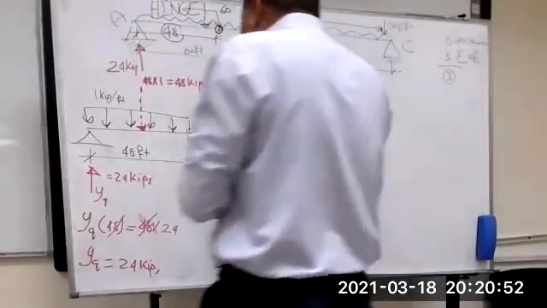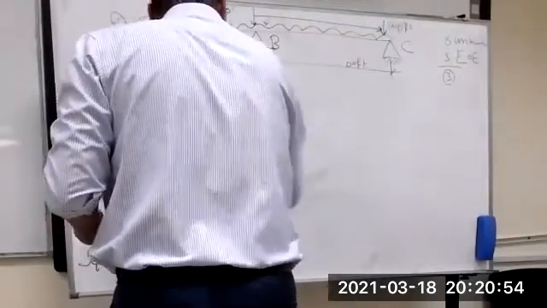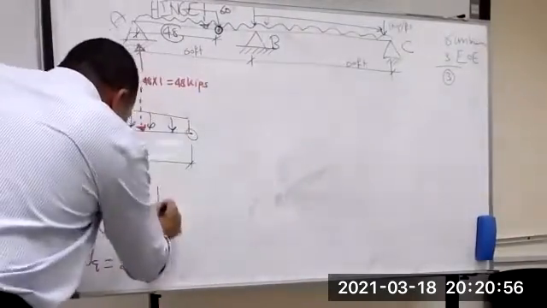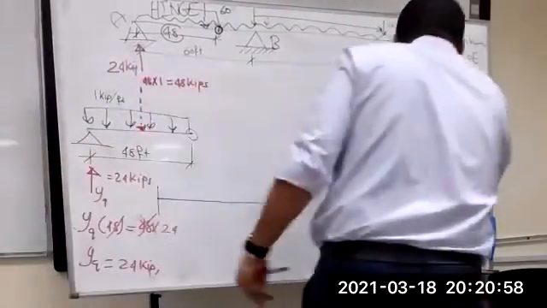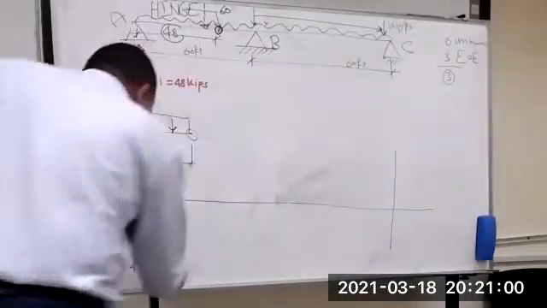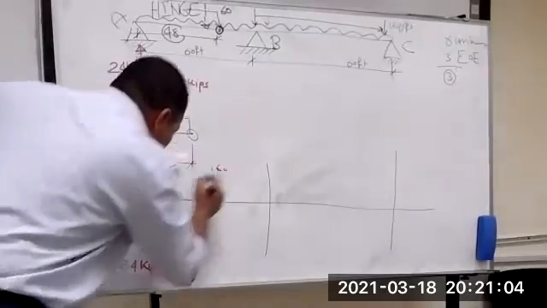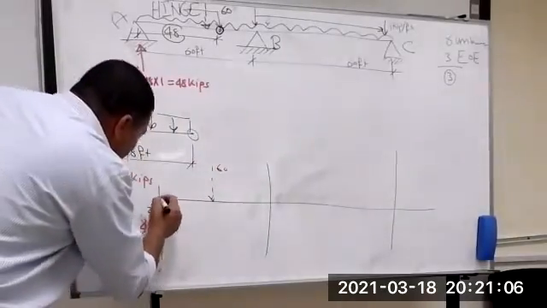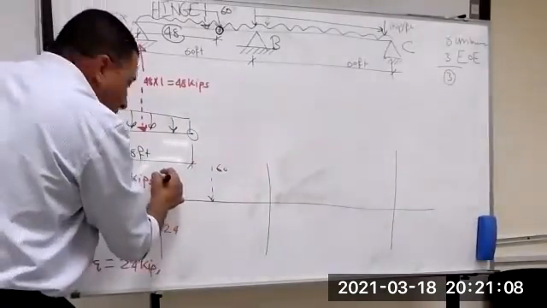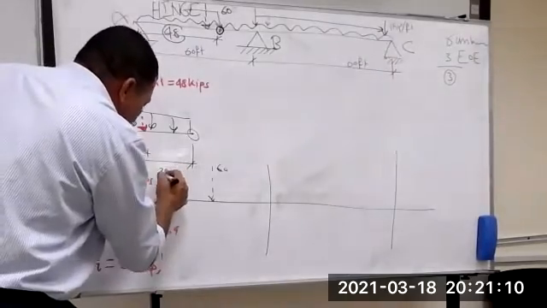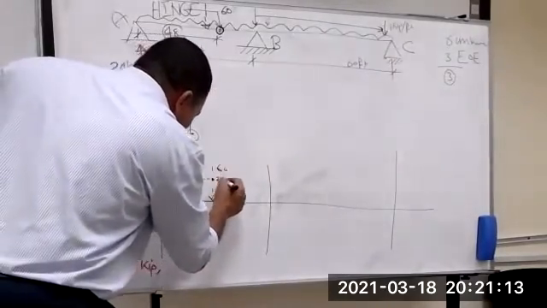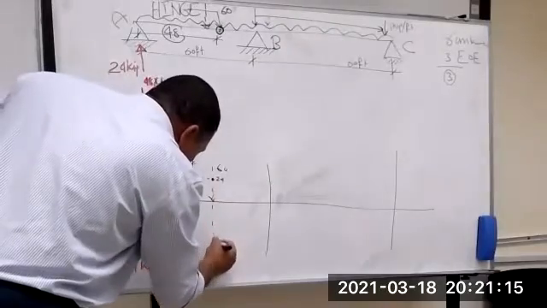Now we go to our free body diagram here. Here is 60, here is 24. So 24 up, and 36 down.